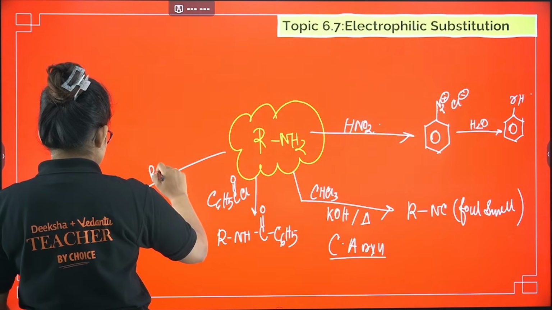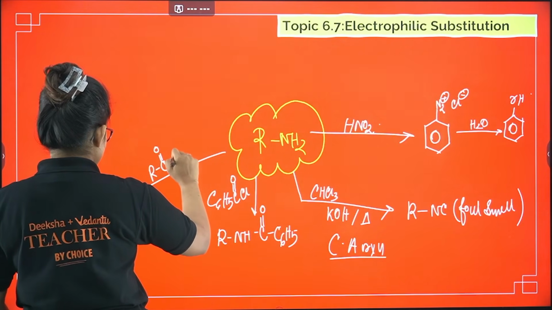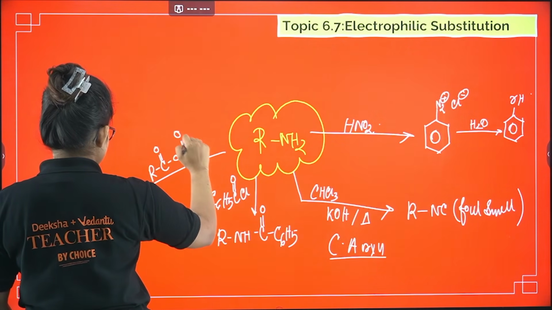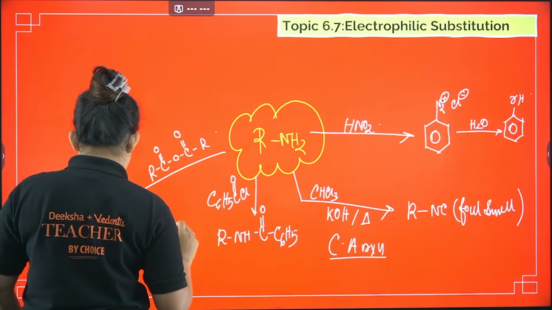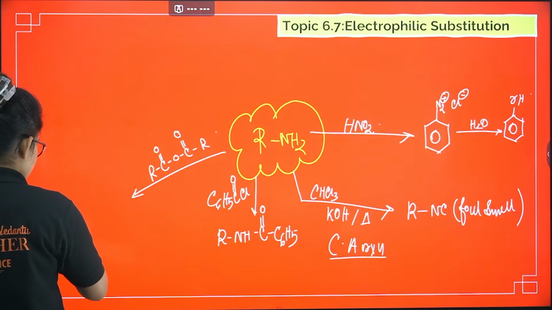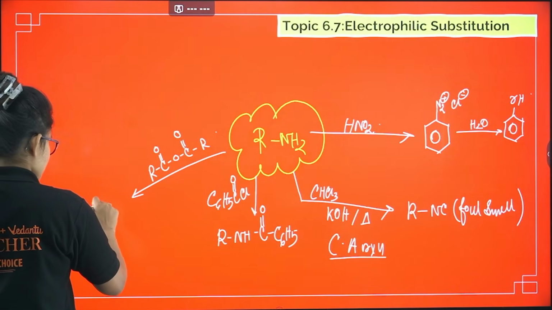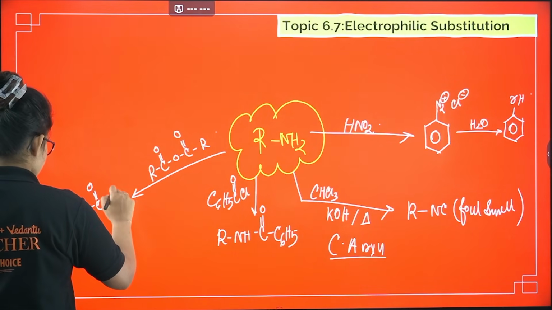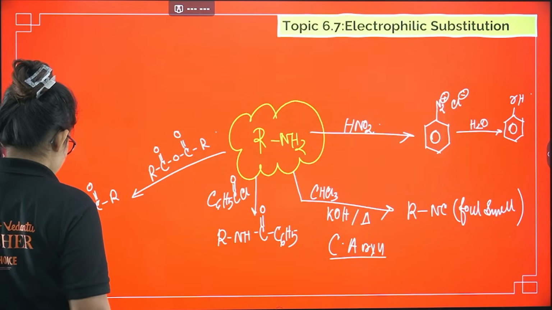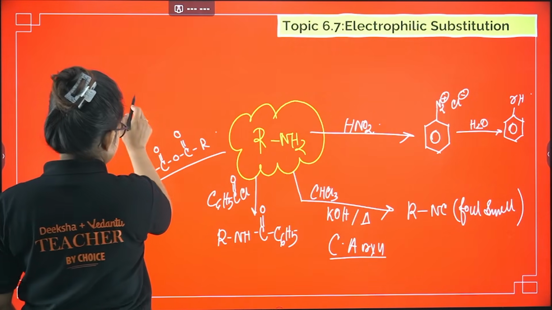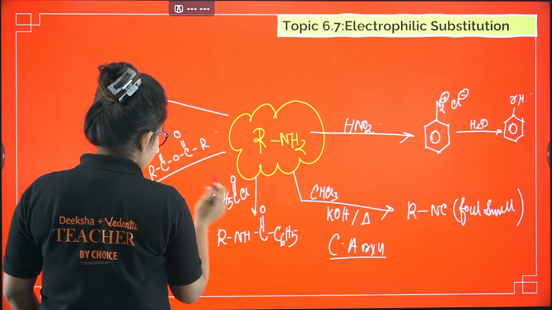Let's say RCOOCOR. You will end up with RNHCOR.